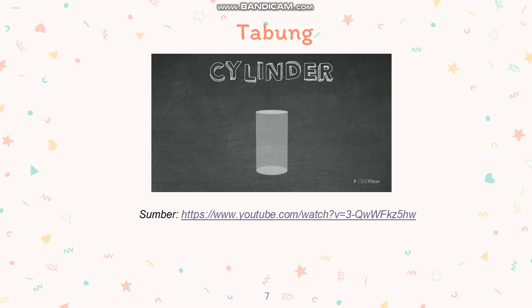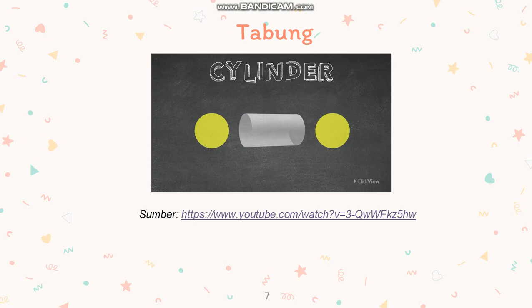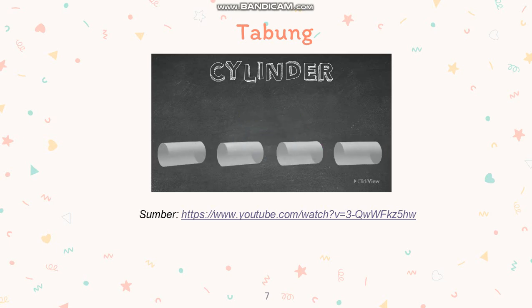A cylinder has 2 circles on each end that are the same size, with a tube in the middle. It has 2 flat faces and 1 curved surface. The cylinder also has 2 edges, but no corners.